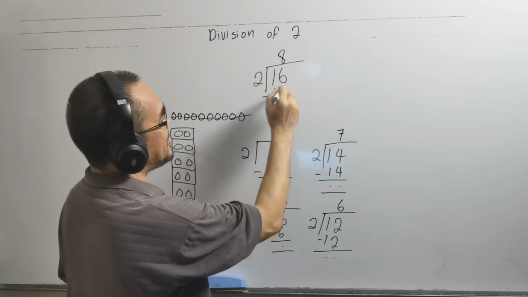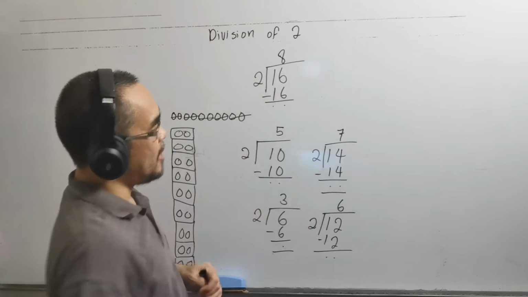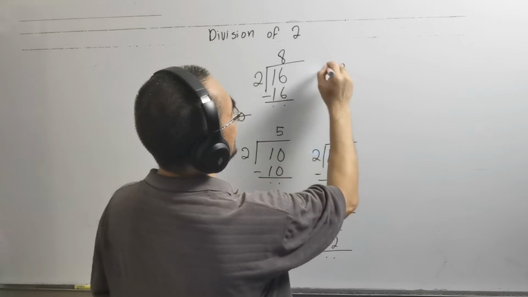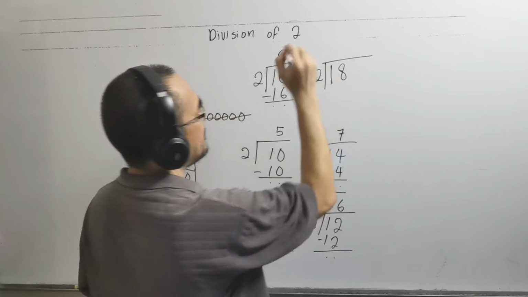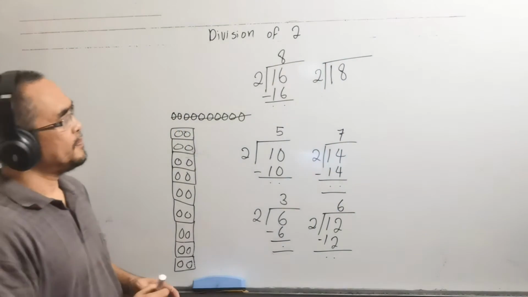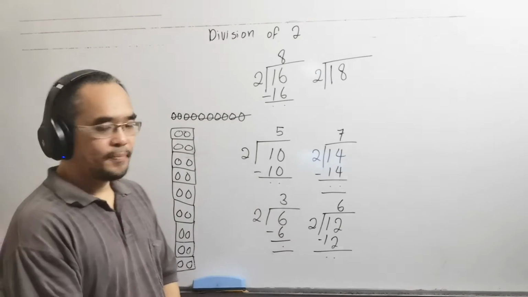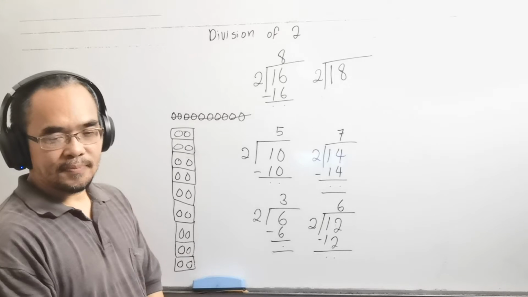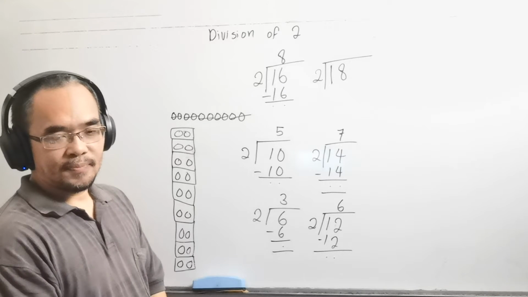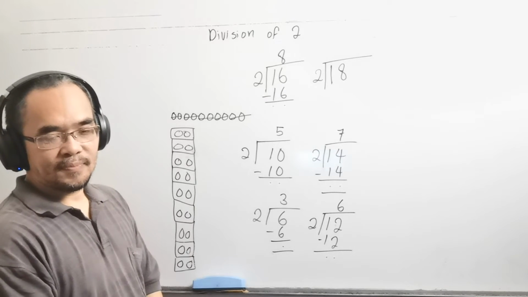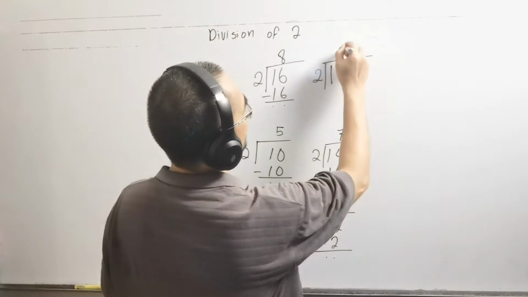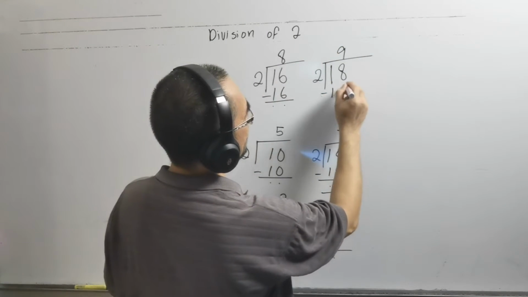And then minus 16 here. And dot and dot. Then you have 18. 9. Okay, very good.